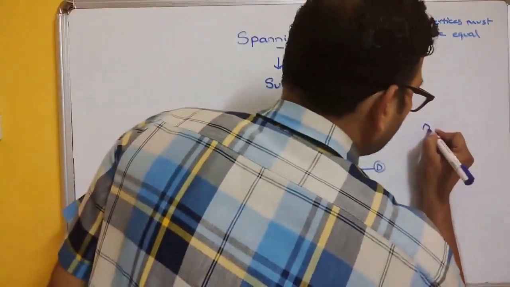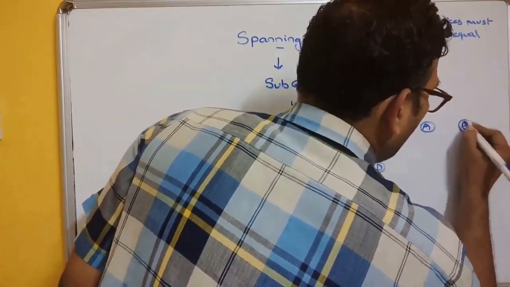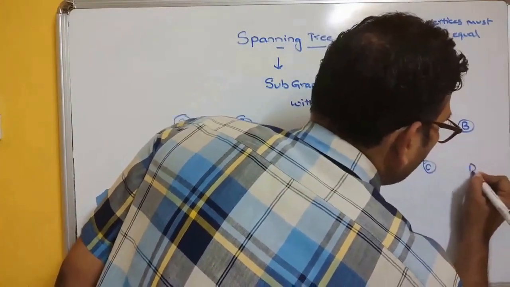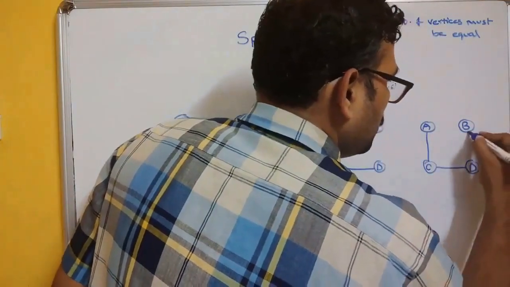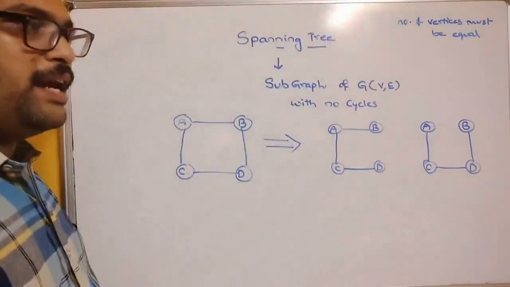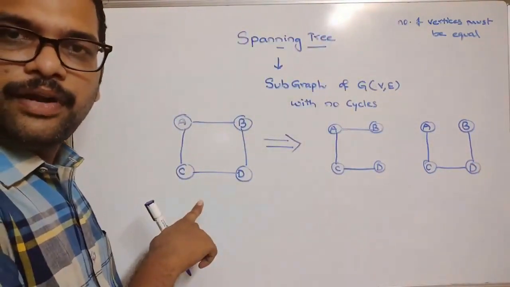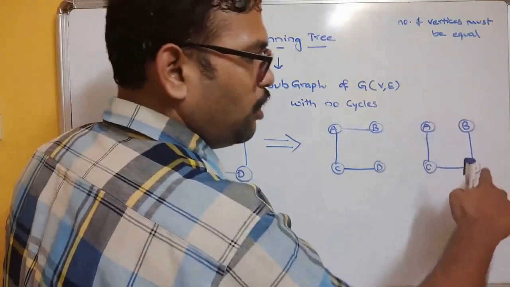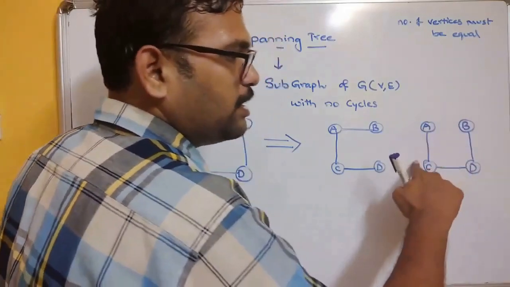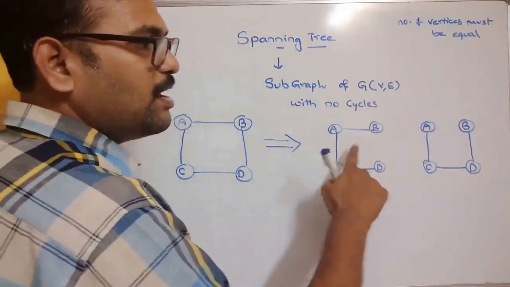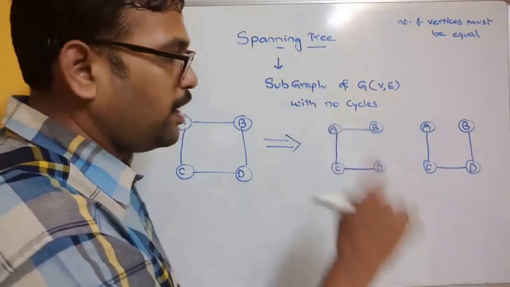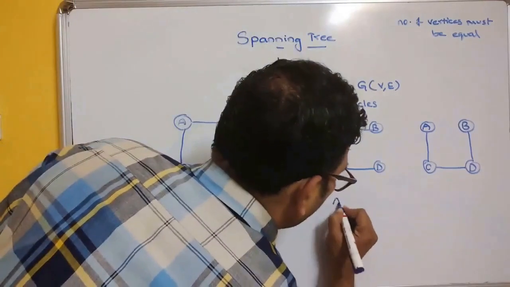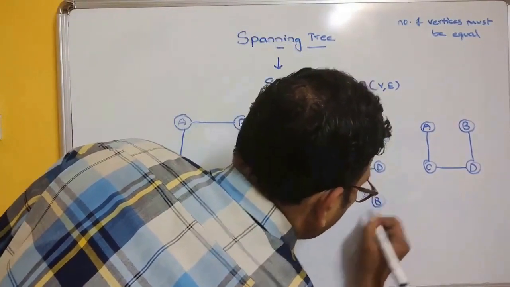And another case, let us see, A, B, C, D. So let us consider this one. This is also a possible spanning tree from this particular graph, right? Because all the vertices have been connected, the number of edges is n minus 1, that is 4 minus 1, and there is no cycle, right? And one more possibility.